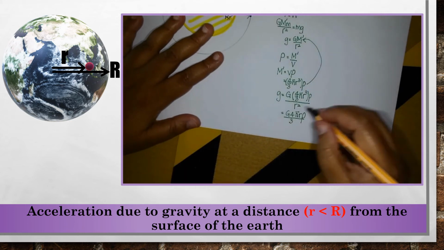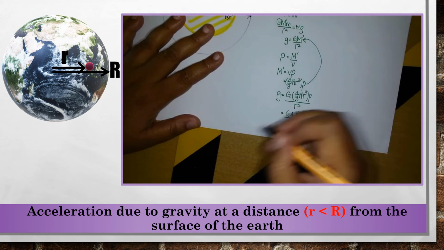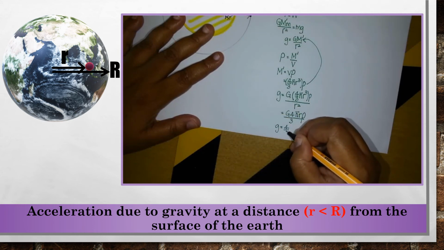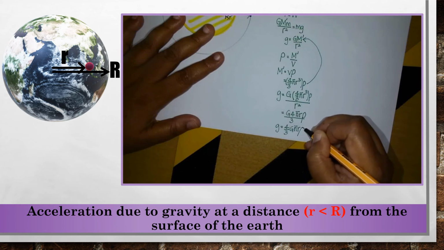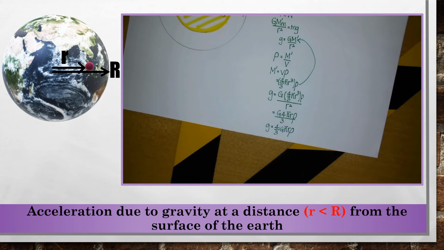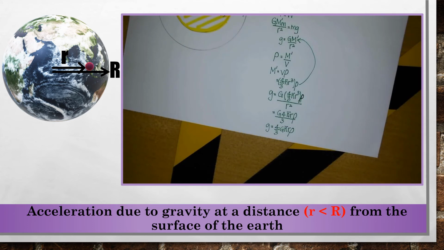Now if I arrange it properly and bring the constants out from the formula, I get 4 over 3 G pi r rho. Rho is usually written in a slanting form.